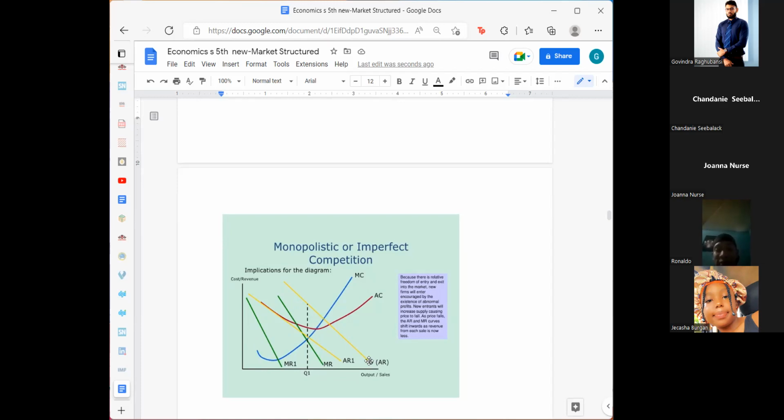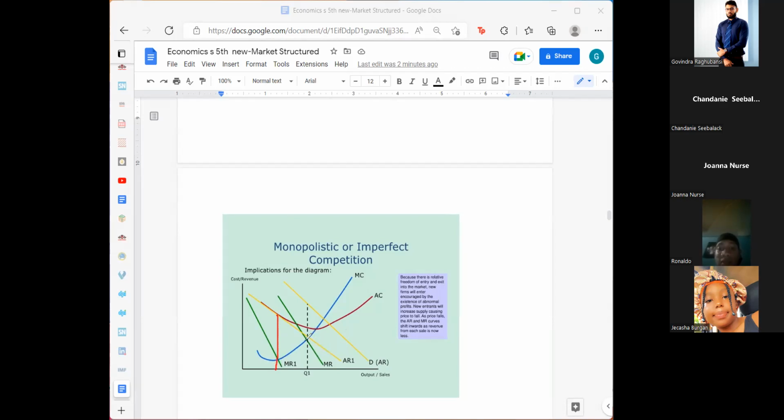So the demand curve, which is AR, is going to shift to AR1, and MR is going to shift to MR1. And this is going to be the new profit maximizing output. As you go up, the new profit maximizing position is where, again, MR is equal to MC.